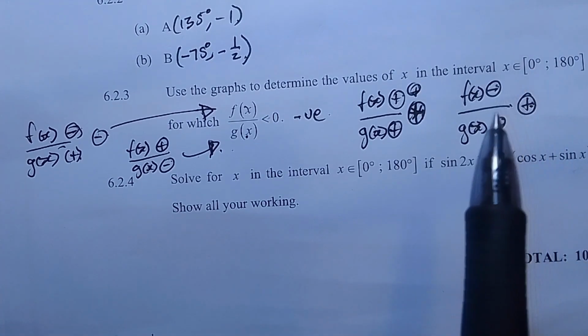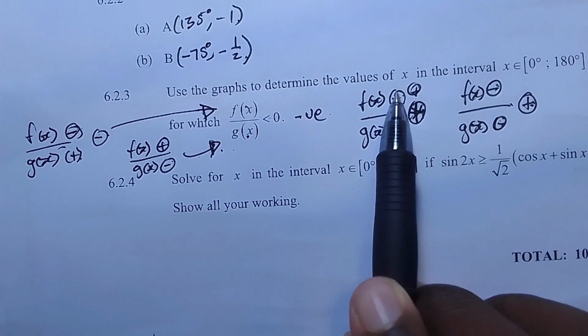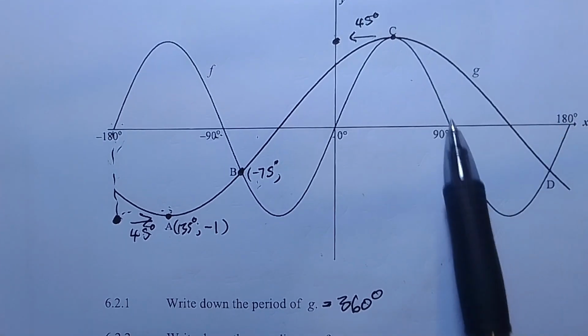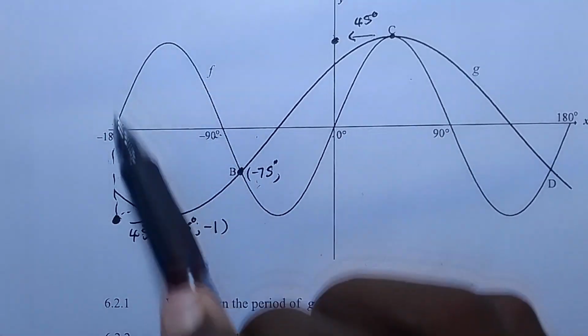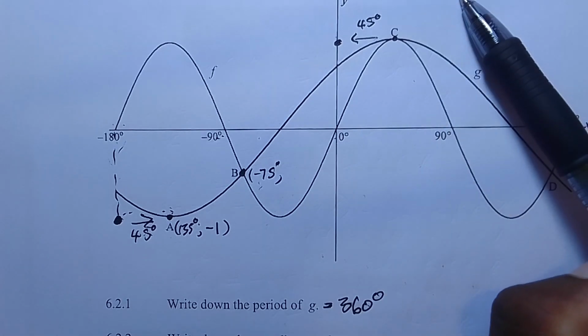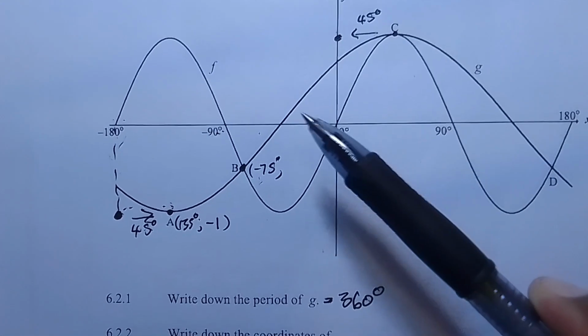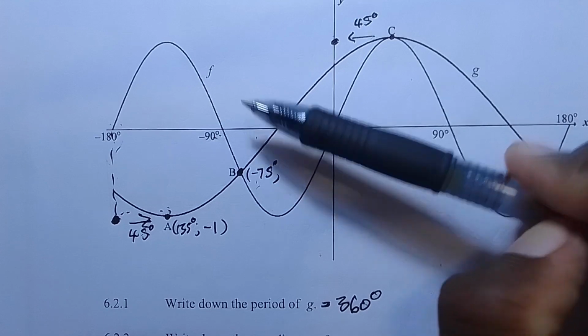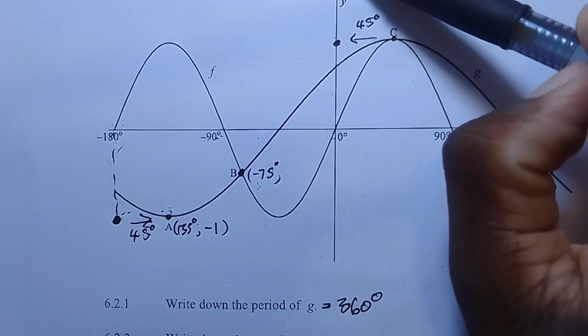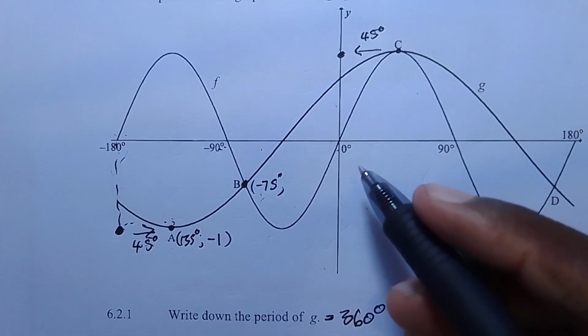So what does this mean? f of x being positive, this function, if it's positive, it means it's above the x-axis, right? And the same thing goes for g. If g is positive, it means it's above the x-axis, because the y values above the x-axis are positive.